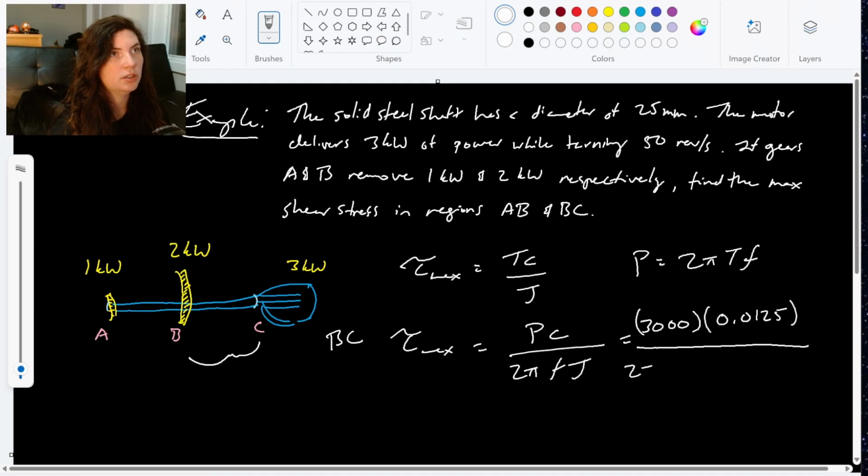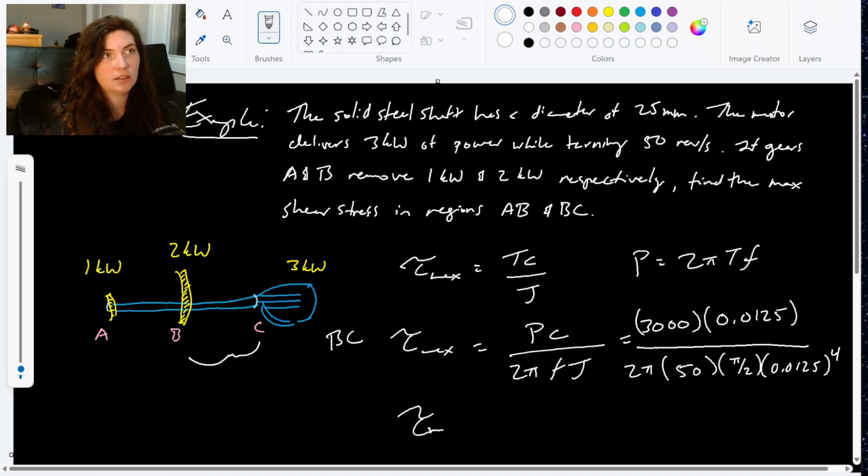All over 2 pi times the frequency, which was 50 revolutions per second. Don't need to convert anything there. And then J is pi over 2 times C to the 4th power, 0.0125 to the 4th power. So all this one is, is identifying what you need, rearranging your equations, and then just popping this puppy into your calculator.